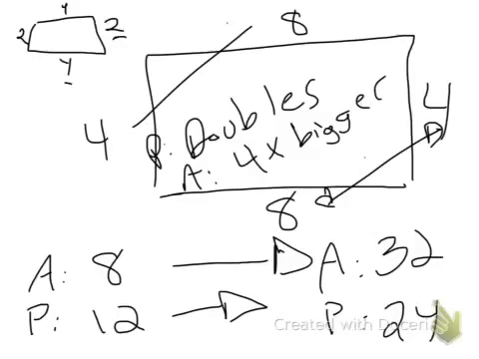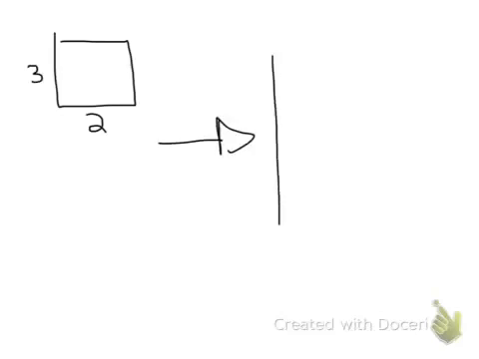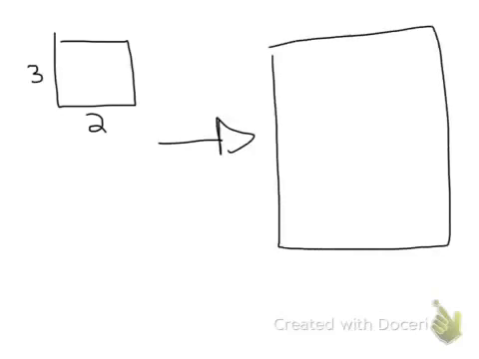Okay, we're gonna do this again. This time I'm going to give you the two shapes, and we're going to see what happens. So if we have a shape like this, and then we make it larger, it's still the same shape, but what happens to the area and perimeter once the size gets bigger?